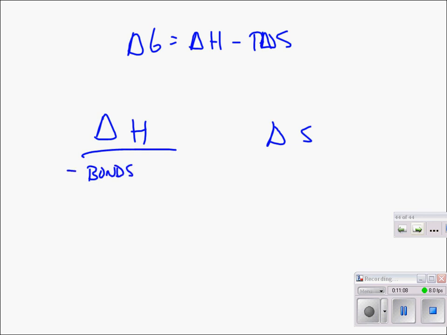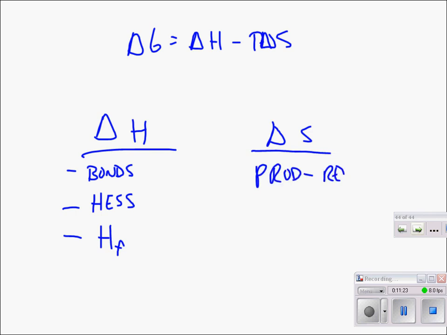We also can do it by using Hess's law. That's where you flip and cancel the equations. The last way is heat of formation using a table. Delta S, you only can do products minus reactants. That's the same as the heat of formation method, using a table.